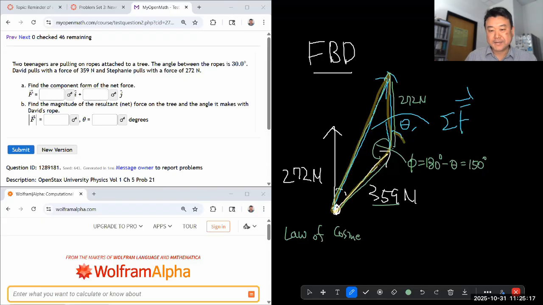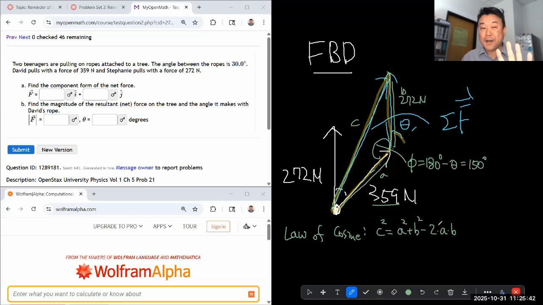Let me label these sides. I'm going to label this a, b, and c. Law of cosines says this: c squared is equal to a squared plus b squared minus 2 times a times b times the cosine of the angle between them. I think there's a 2.